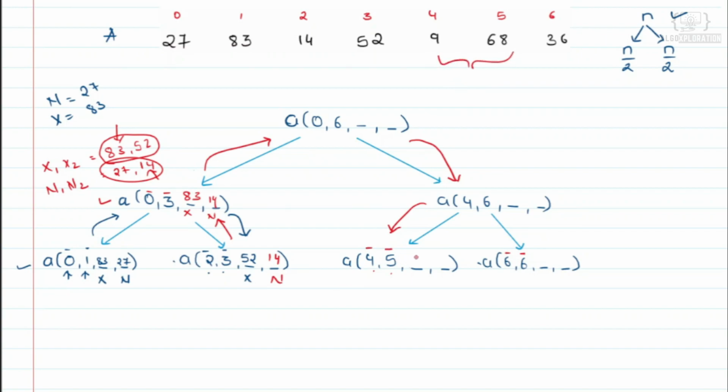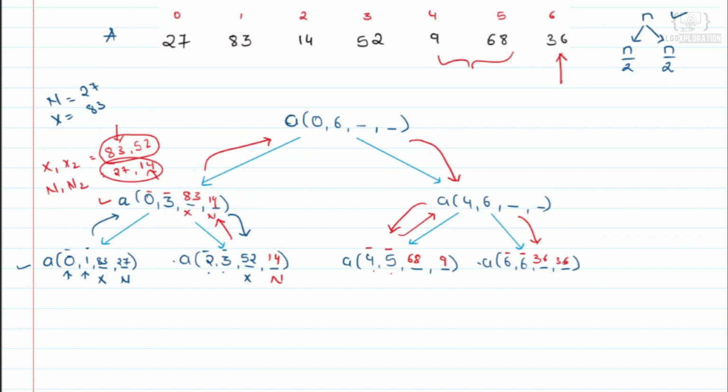We found out that x is 68 and n is 9. So it will return x and n to its parent, and now this will call its right child. And we found out the element at index 6 is 36, which is a single element, so it will return 36, 36.